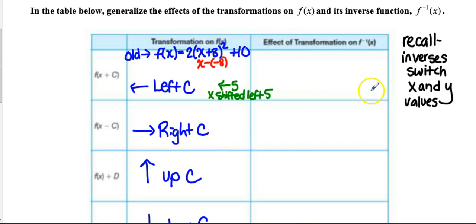But now if I'm considering the inverse, that's switching x and y. So if I'm talking my inverse, I would have to say y is shifted, but does y move left and right? No. Our only option is up and down. So left is in a negative direction. Transferring this to inverse, which would be y, that would mean shifted down.